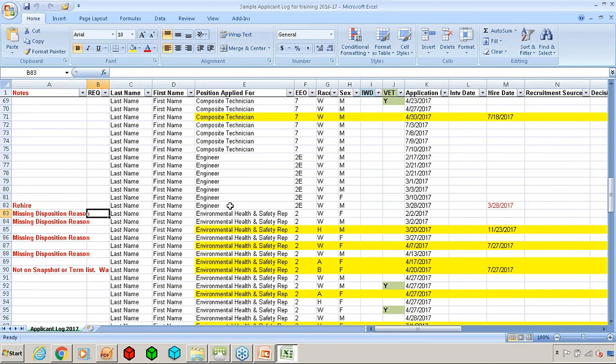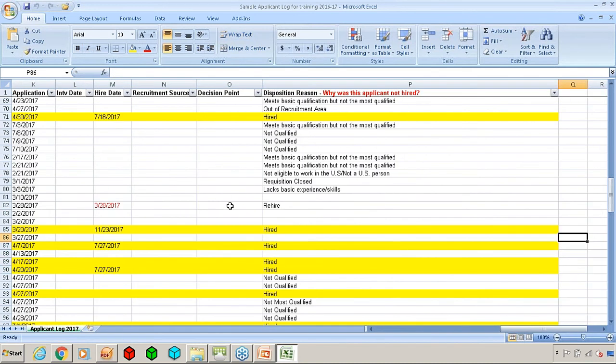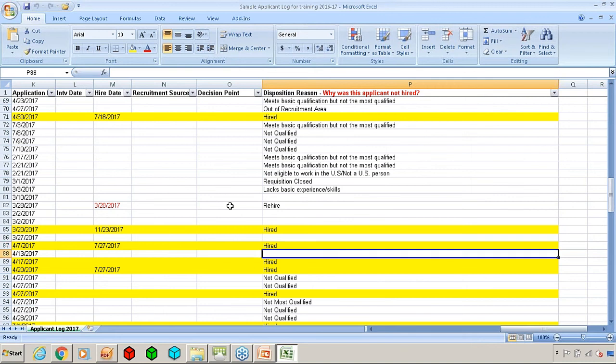In this case, these are the environmental health and safety representatives, and we have several hires in this particular case. But when we looked at the dispositions, whoever did this recruiting was not consistent in putting in disposition reasons.